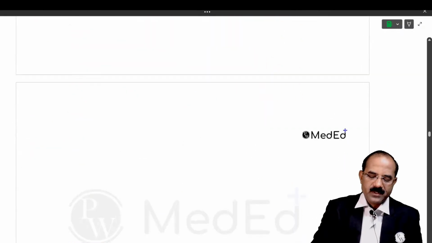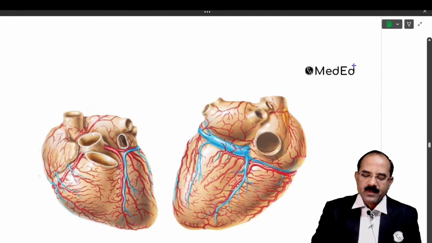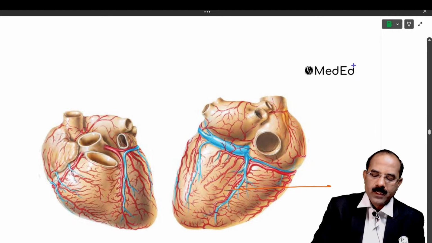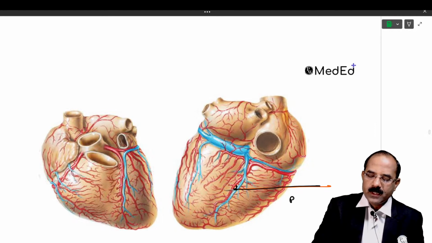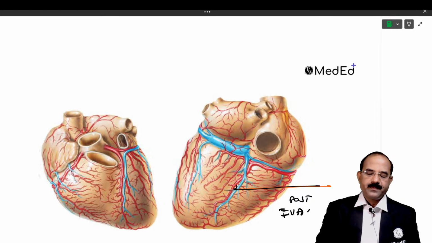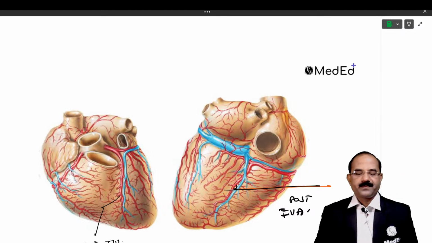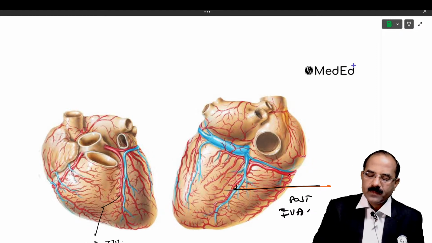बच्चों, next MCQ. See this. This is the posterior interventricular artery. ये है posterior interventricular artery. This is the anterior interventricular artery. This is the circumflex.